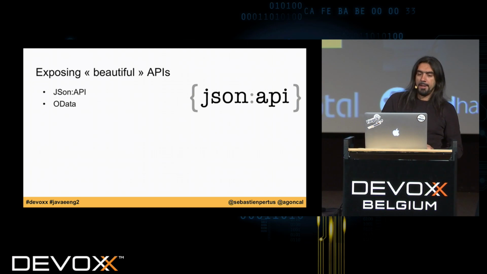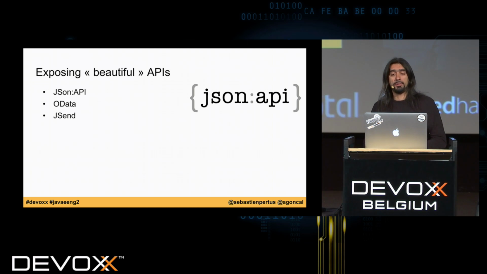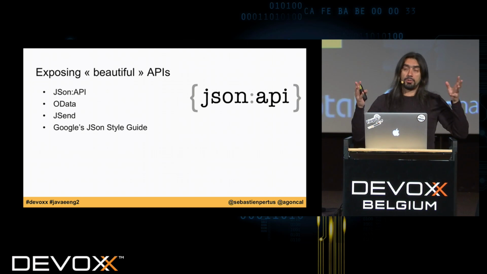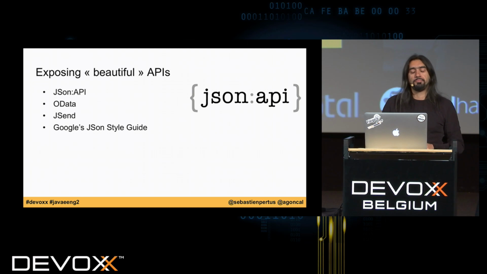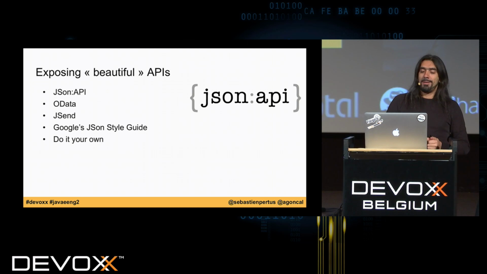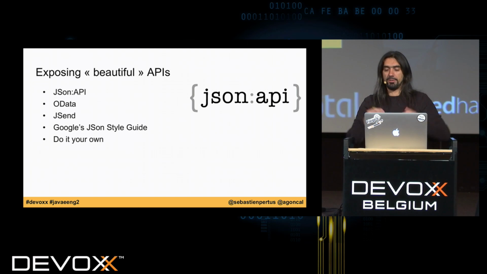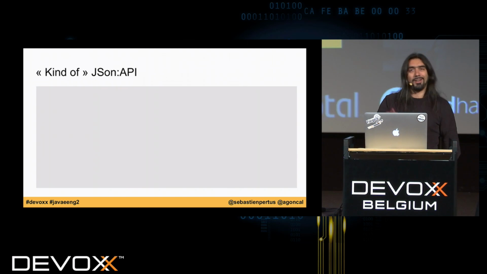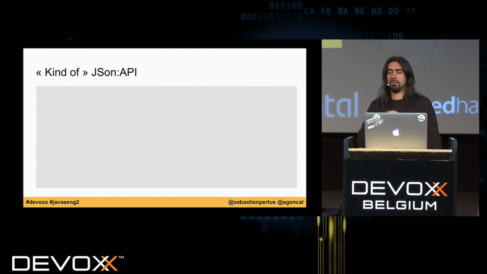Google has its own guide to tell you how to write good APIs, and it even gives you examples from YouTube. And basically, we do it our way. It's very difficult to build nice APIs that everybody understands and agrees on throughout the planet. So we took the kind of JSON API approach. So I'm exposing these kind of APIs, and Sébastien will consume them.